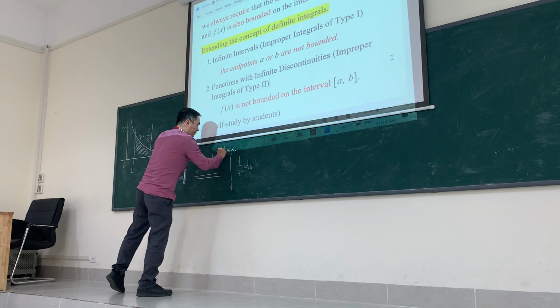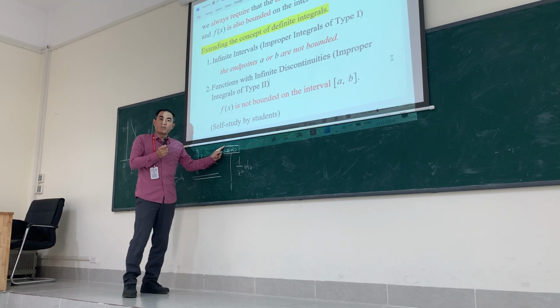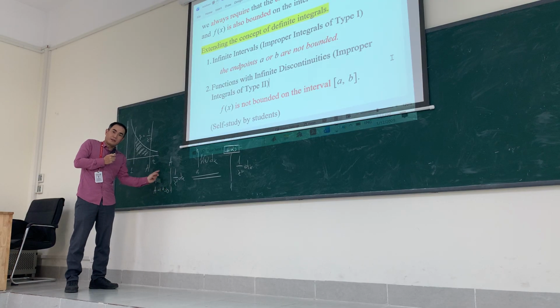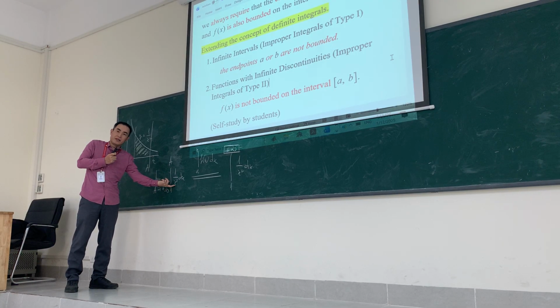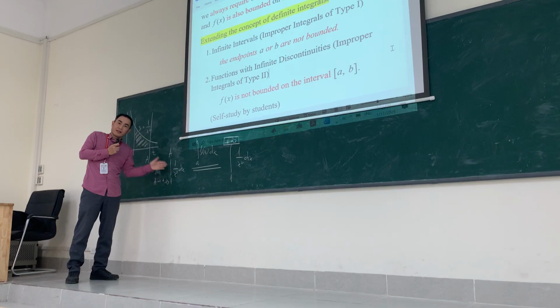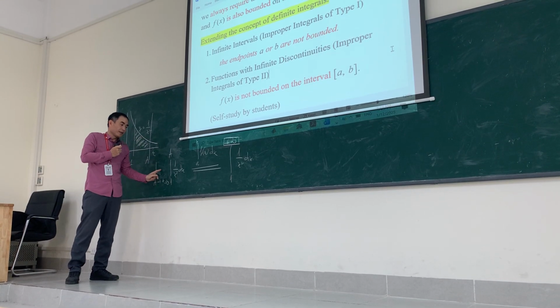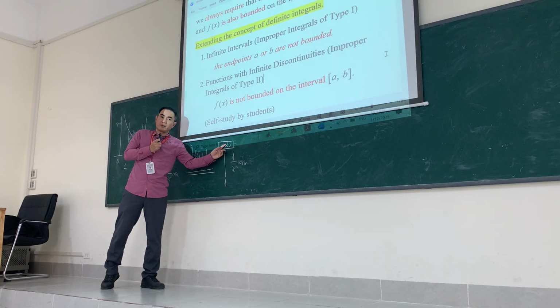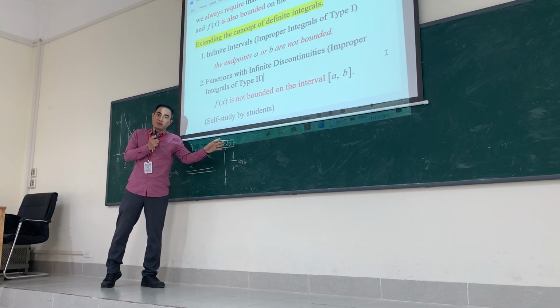So the endpoint infinity is defined based on the limit of the definite integral as A tends to infinity. The way we define the improper integral is based on the limit of the definite integral.